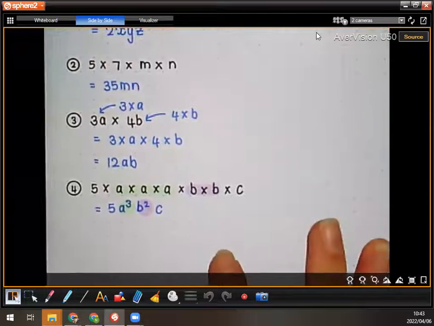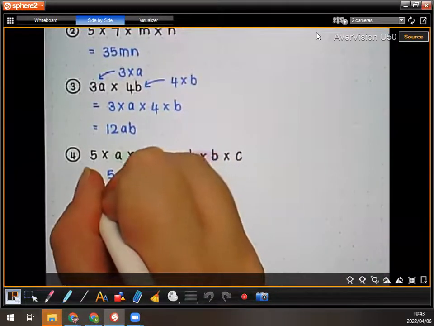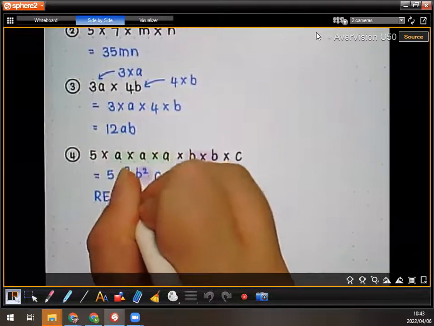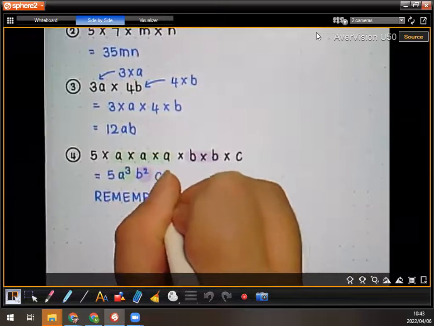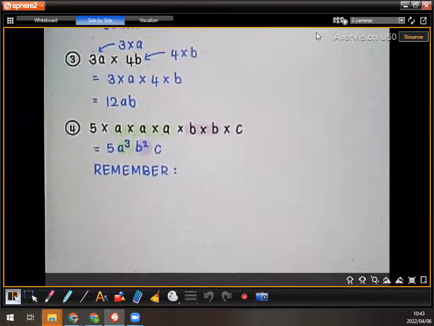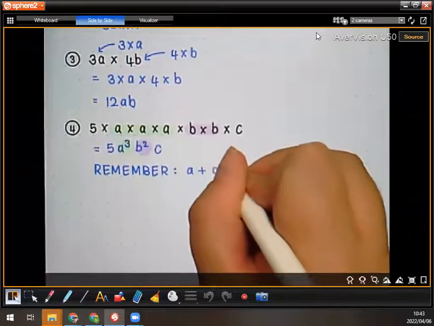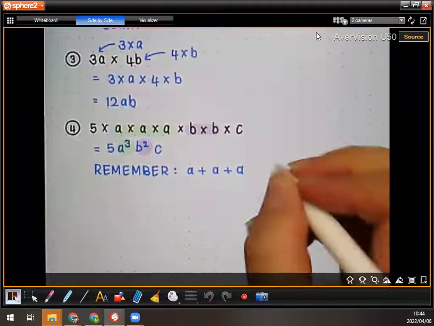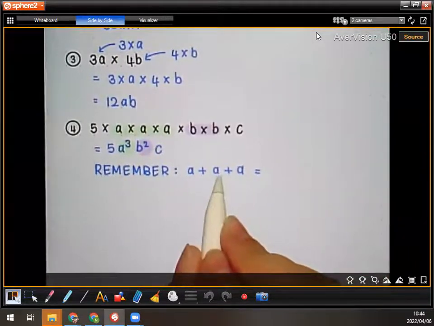I want us to make a little note underneath this example, or maybe on the side, you can decide. Remember, and this is what we did last term, which is why I'm reminding you, you might have forgotten. If you are adding 3 A's together, A plus A plus A, then you will say, lovely, they're all like terms, they're all A's.